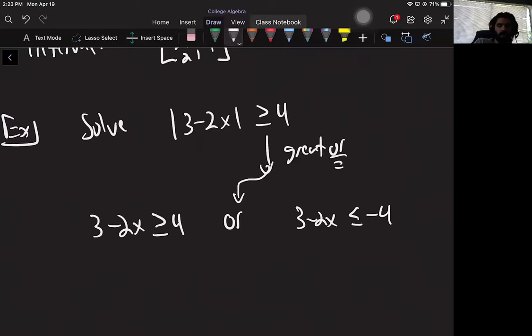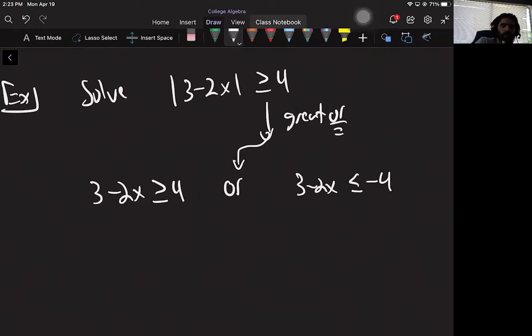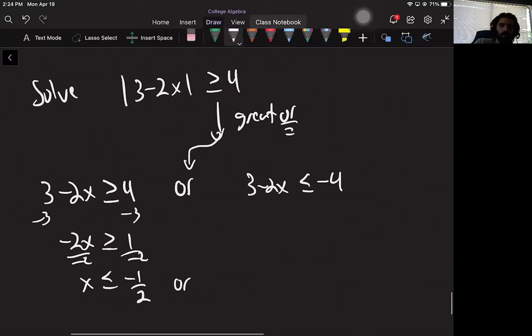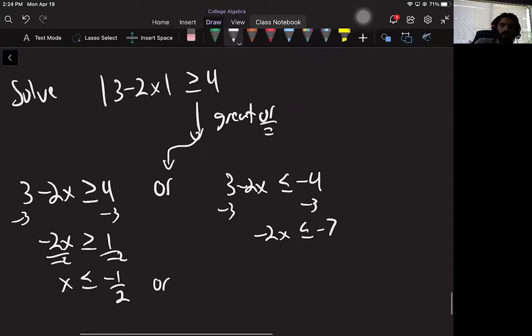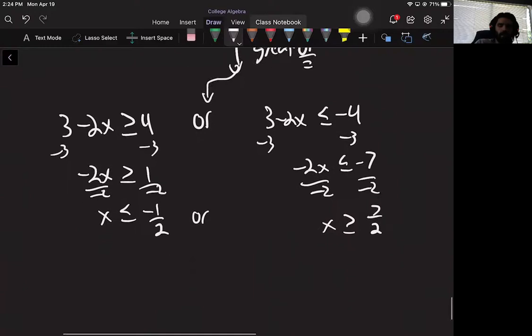And that happens for both, we're making the right side negative and flipping the inequality. So now if I solve this, I subtract 3 on both sides, divide by -2. Remember, dividing by a negative will flip that inequality. And then on the other side, -2x is less than or equal to -7, divide by -2, same thing. You got to flip it. The negatives will cancel, and you get that.